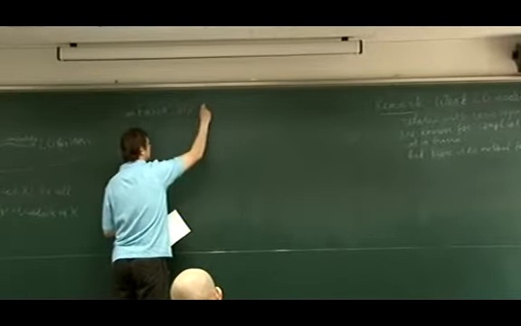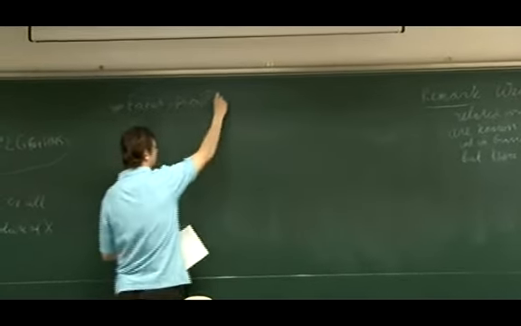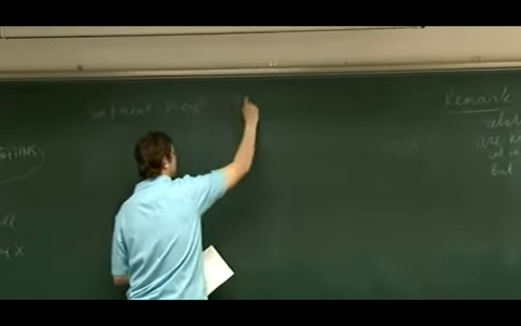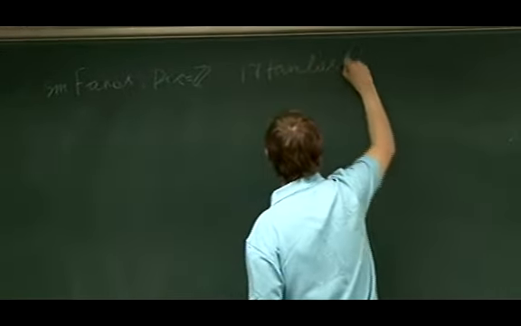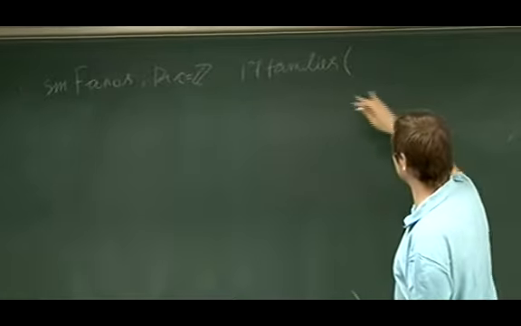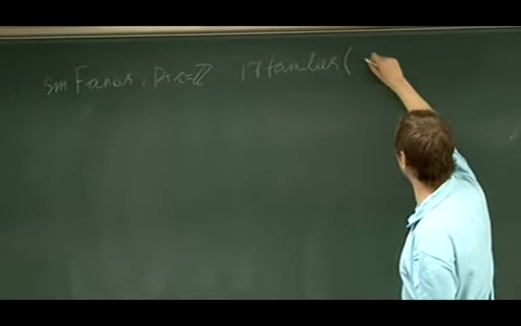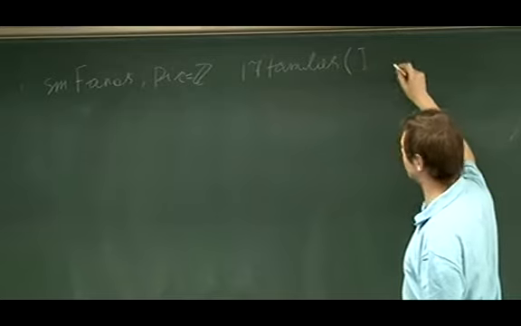Now I'll focus on the Fano threefold case: smooth Fano threefolds with Picard number 1. There are 17 families. It was found by Iskovskikh in 79.